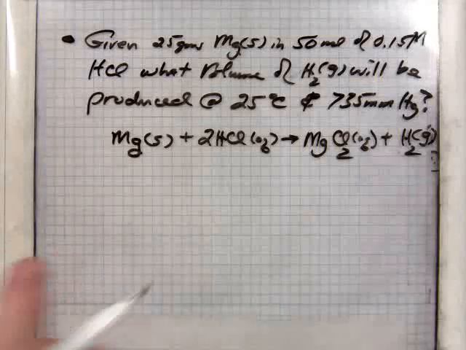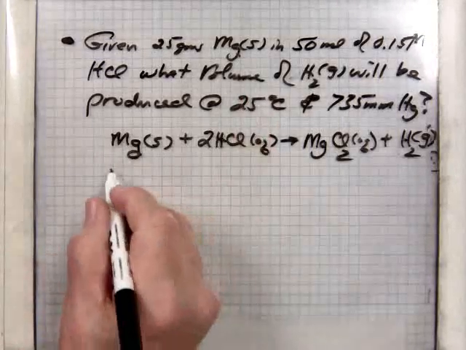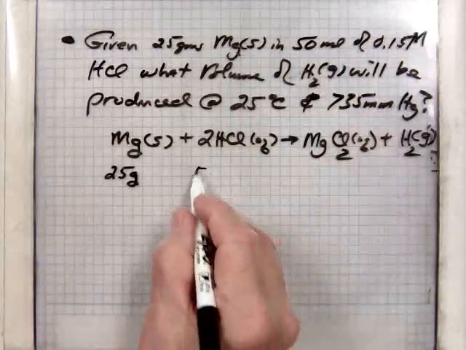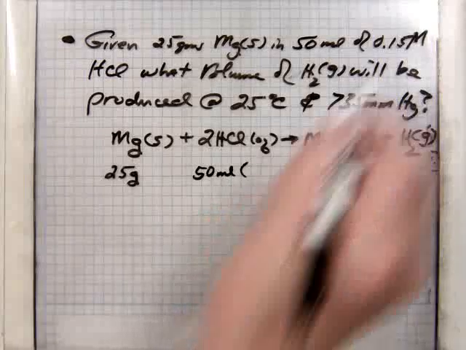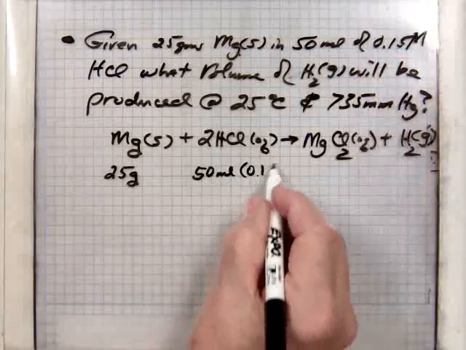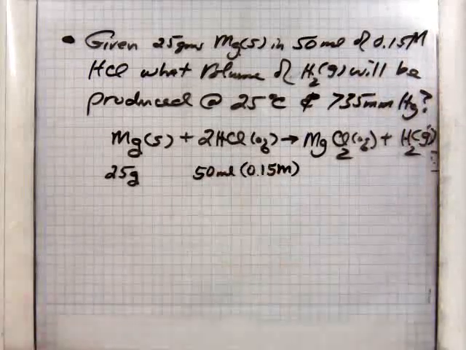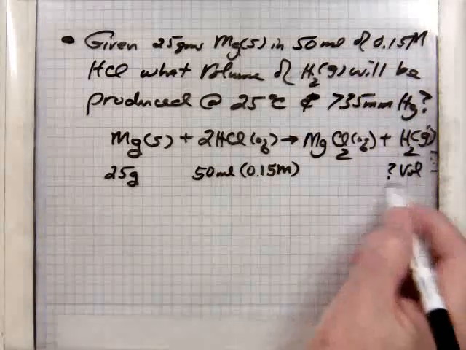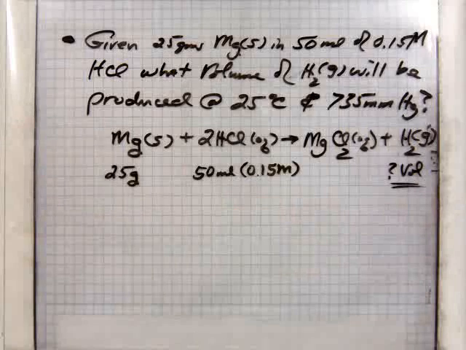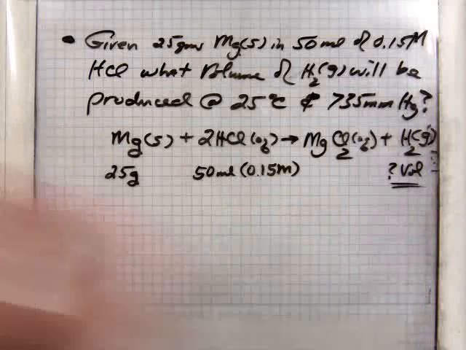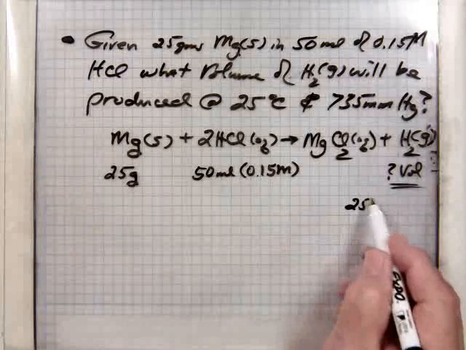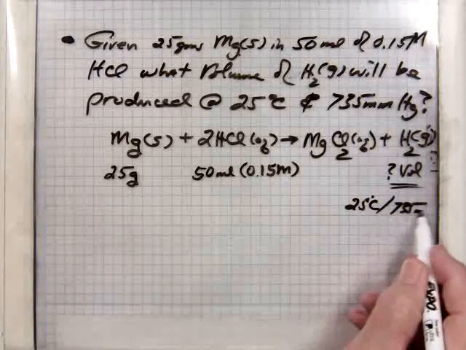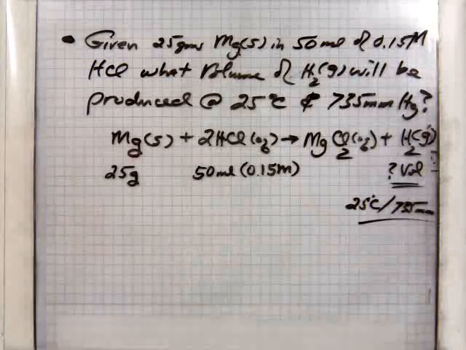Now, given 25 grams of magnesium and 50 milliliters of the 0.15 molar hydrochloric acid solution, what volume of molecular hydrogen will be generated at 25 degrees Celsius and 735 millimeters of mercury?